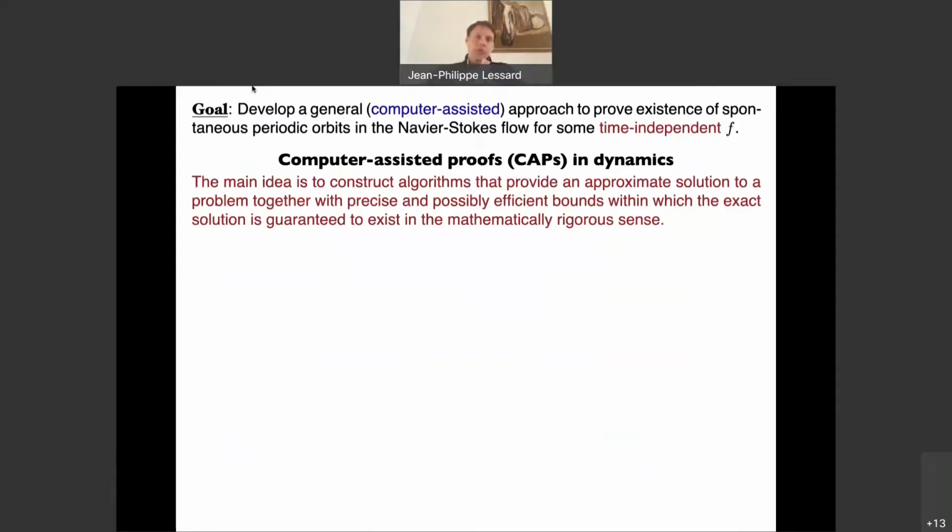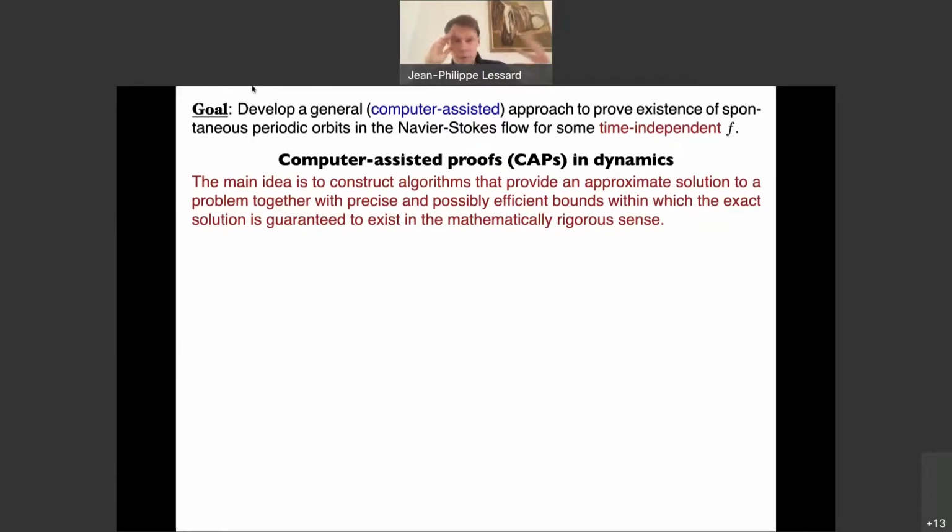We want to construct an algorithm that will provide an approximate solution to a problem. We obtain an approximate solution, and then we want that, very close to that approximate solution, there exists a true, exact solution, and we want explicit bounds within which the true solution is guaranteed to exist in a mathematically rigorous sense.